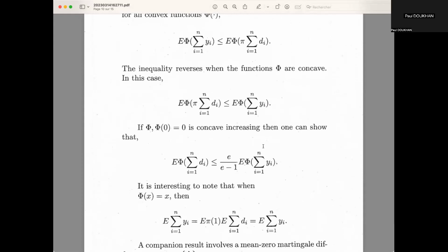May I ask you, how come the Poisson distribution comes into this inequality? Well, the Poisson distribution comes in the proof. Can it be replaced by binomial or something? Well, the sharp inequality is with the Poisson.